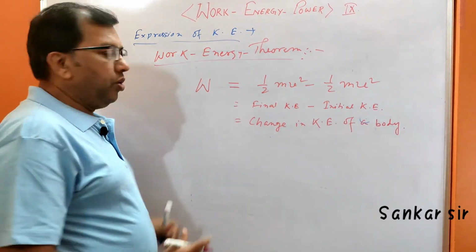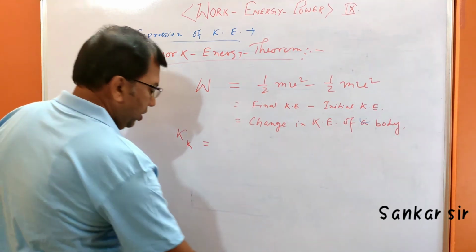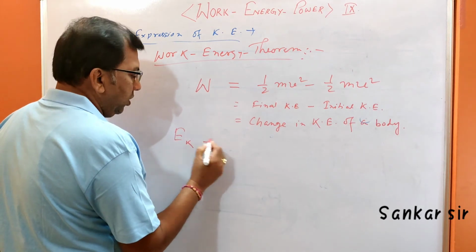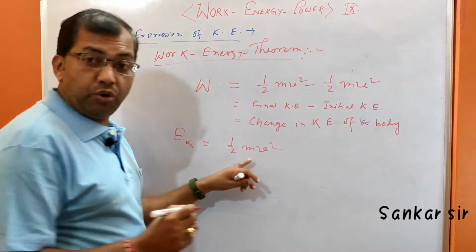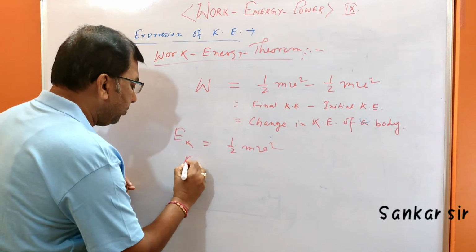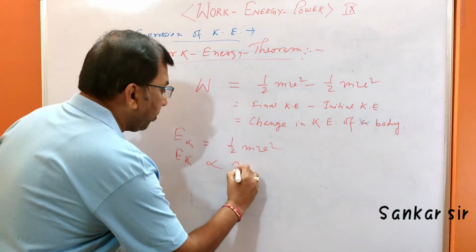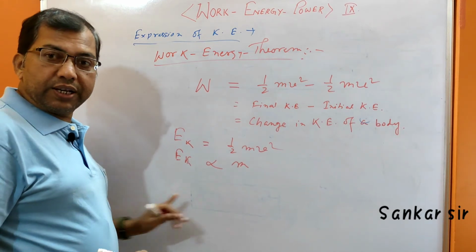Now from this theorem, what we know, kinetic energy equals to half m v square. Clear? So EK varies with m, that is, the more the mass, the more the kinetic energy.